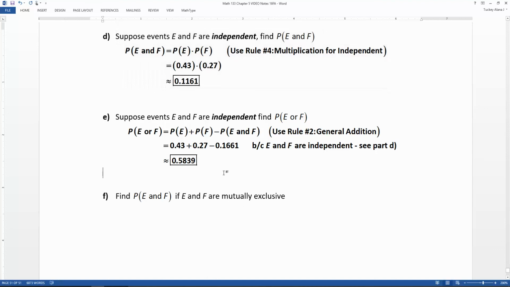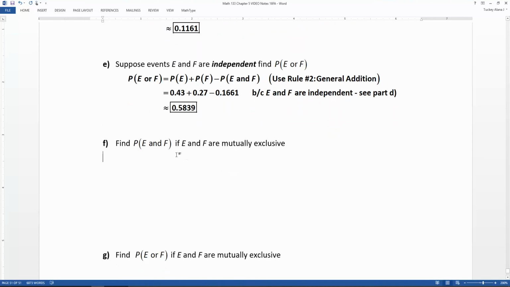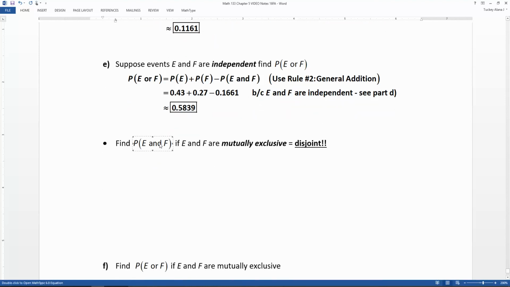If I hadn't given you this part first, which is a total possibility, right? Now, what if they were mutually exclusive? Remember, mutually exclusive is another way of saying disjoint. Disjoint, mutually exclusive, they mean the same thing. When you have one, you cannot have the other. Now realize what that means. If you have one, you can't have the other. So what's the chance of both of them occurring?